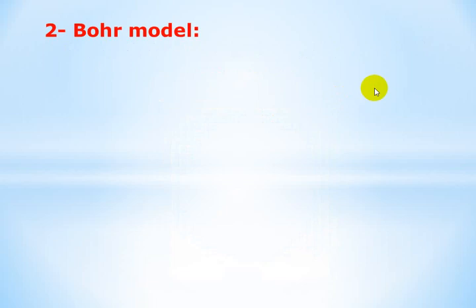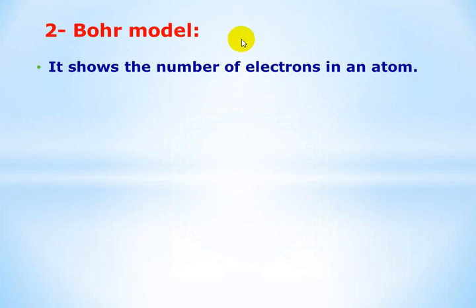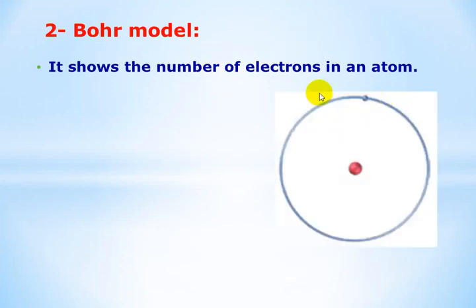The second model to represent the atom is the Bohr model. It shows the number of electrons in an atom, and this is different from the electron cloud model. This is the Bohr model for the hydrogen atom. The nucleus contains 1 proton, and here is an electron.